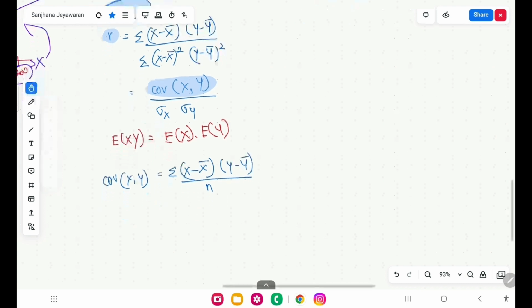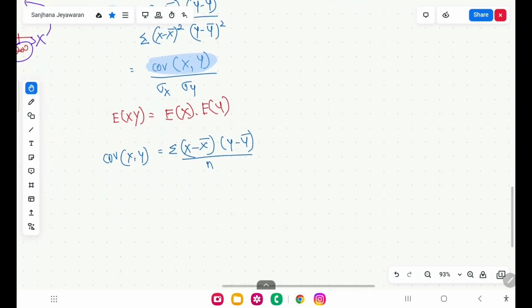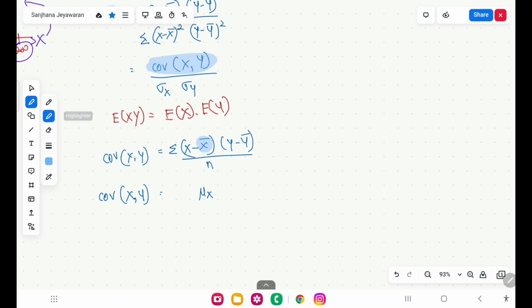If you are writing in population characteristics, there are certain notations you have to use. X bar will become mu x. X bar is usually used for sample, mu x in population terms. Likewise, y bar will become mu y.